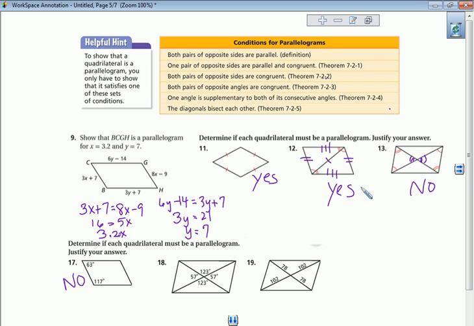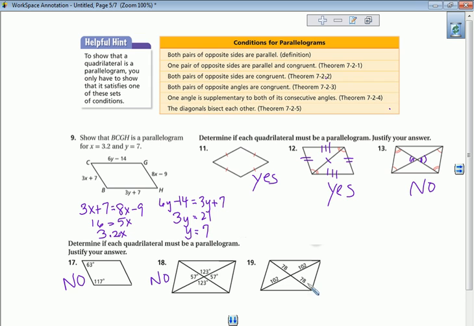On number 18, do we have enough? All right, we've got vertical angles. Nothing's marked. I can't tell this. I can't prove that. I can't prove anything. No.